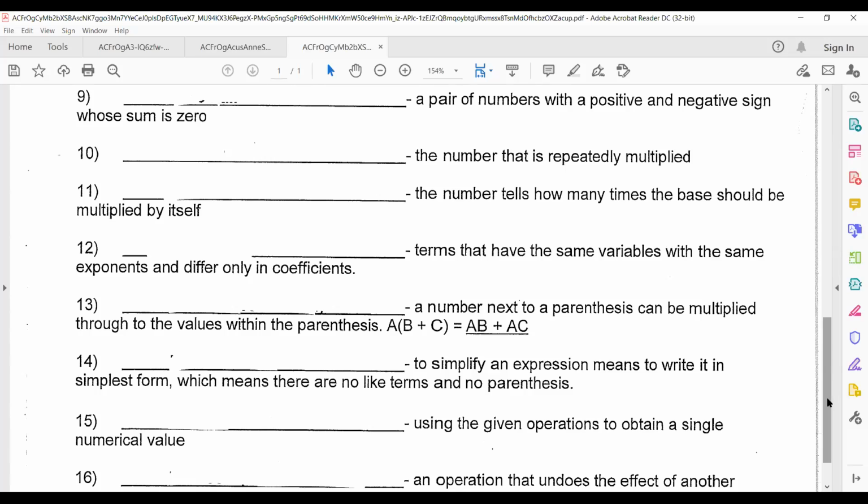If there were 10 terms inside the parentheses, we would still do that with every single term. A times that, A times that, A times that, A times that. And the reason we have to do that is because in algebra, we don't know what things stand for sometimes.